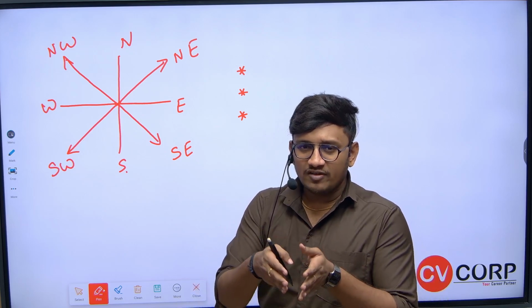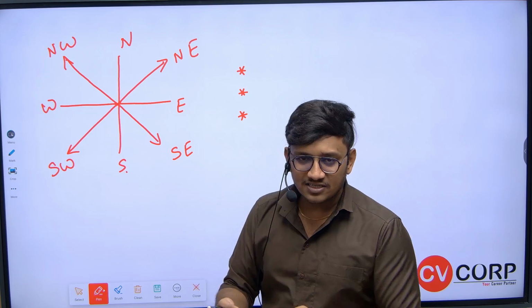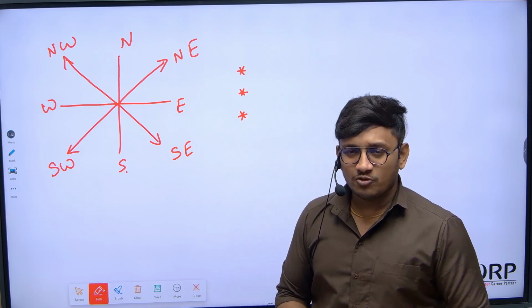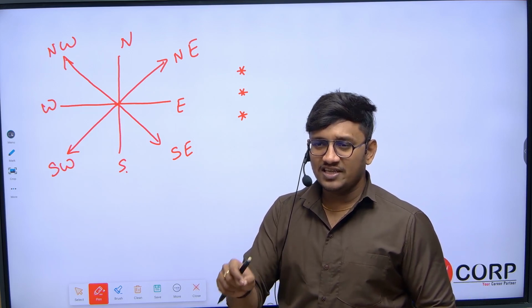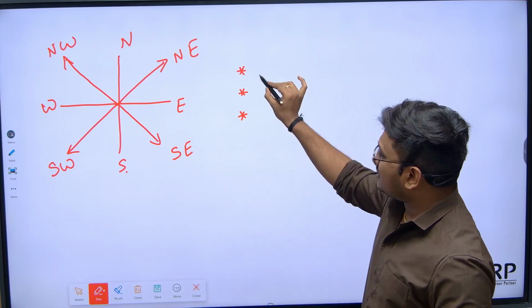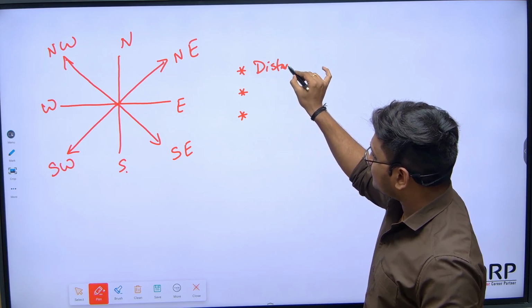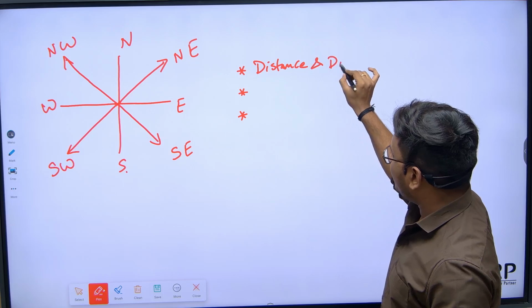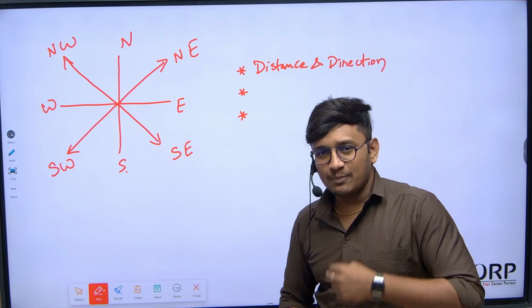They will guide you how to go based on left and right directions, and then ask how far and in which direction he is from the starting point. Means they may ask questions based on finding distance and direction.